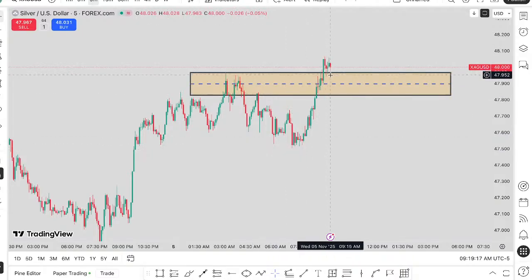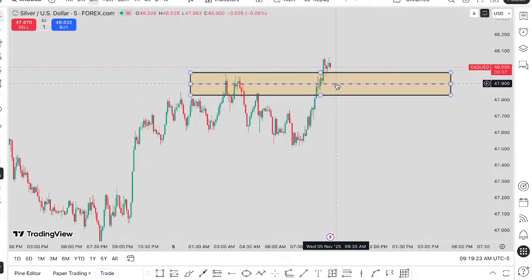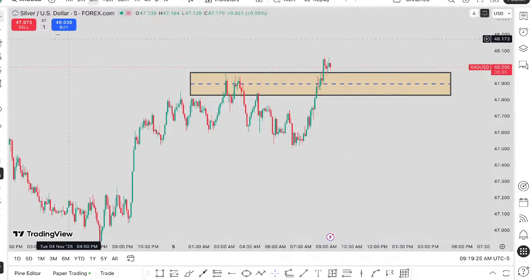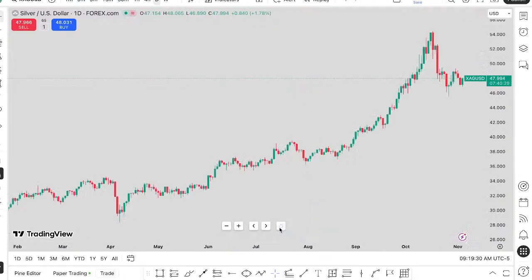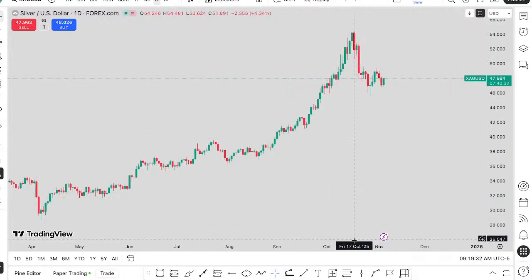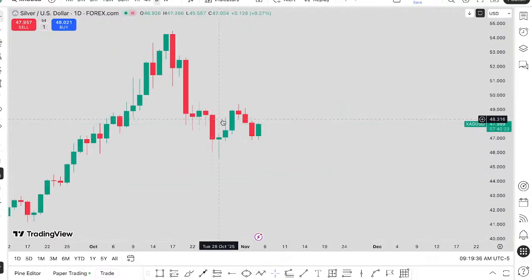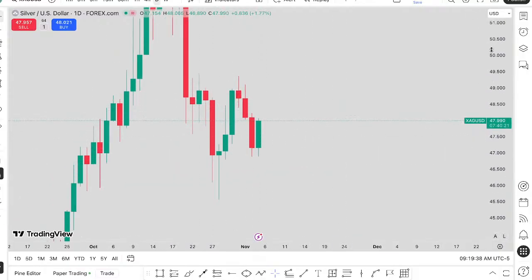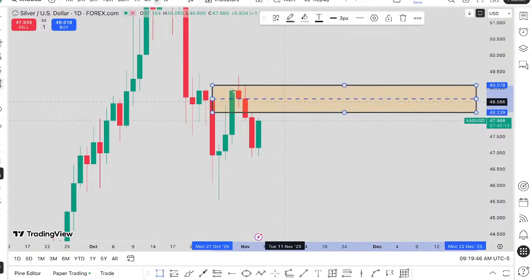Now here the price should not close any candle below this midpoint, and price should rally above. But here, if you want to see a target, you can look for the target on a small time frame. So you can look for the mean threshold or the midpoint of this candle. That can be a target in silver.